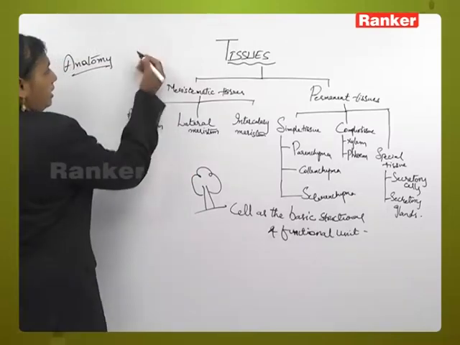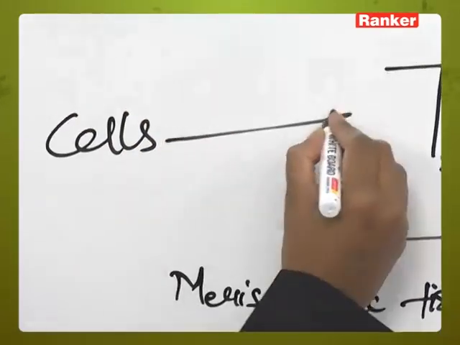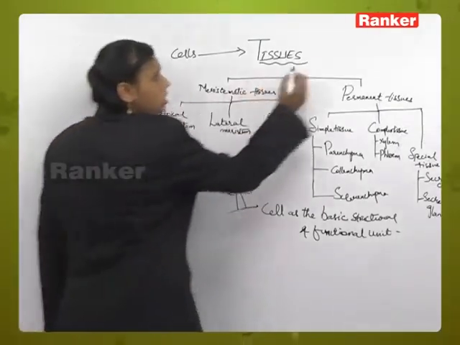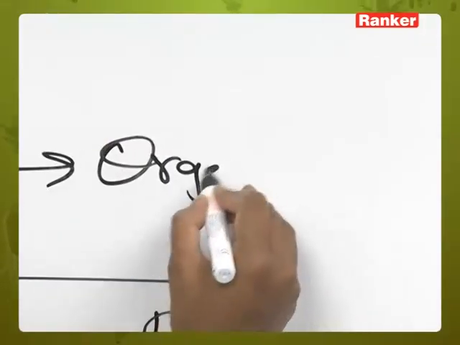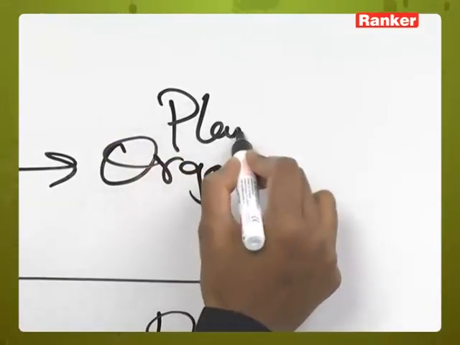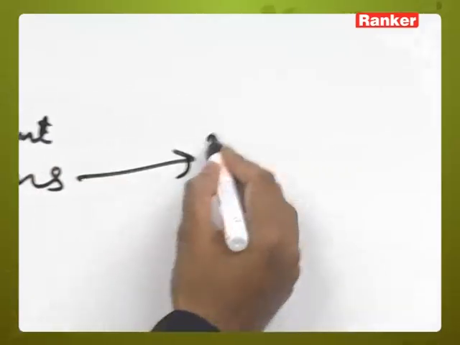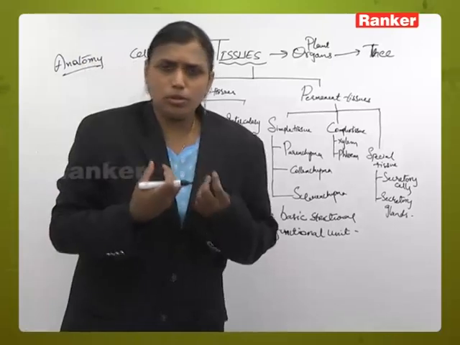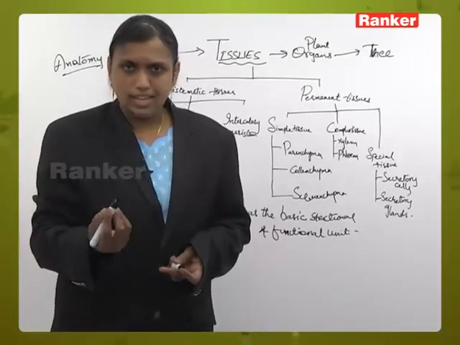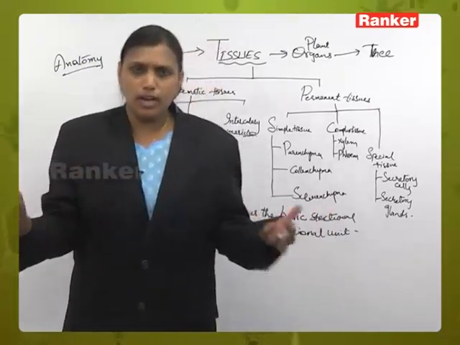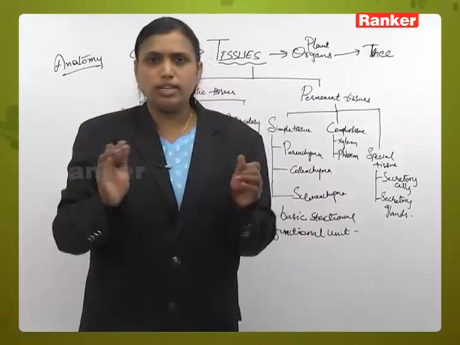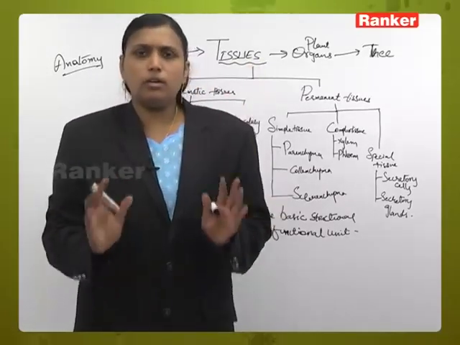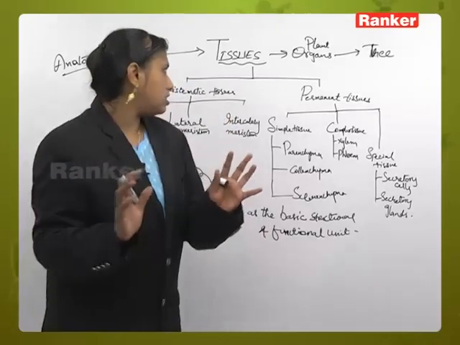So groups of cells will give rise to tissues, tissues will give rise to plant organs, and plant organs will give rise to a total tree. It is like the human body, which is made up of a small cell first, and then develops its different arms, hands, legs and eyes, until a total organ system and body structure is developed.